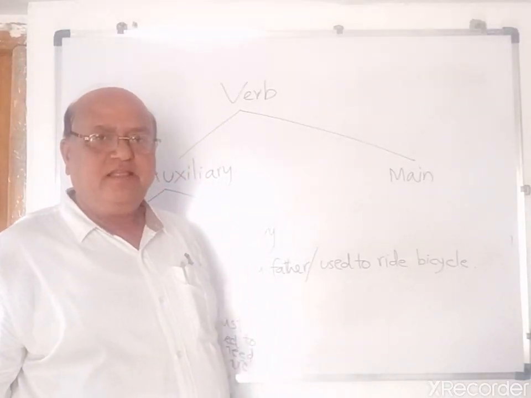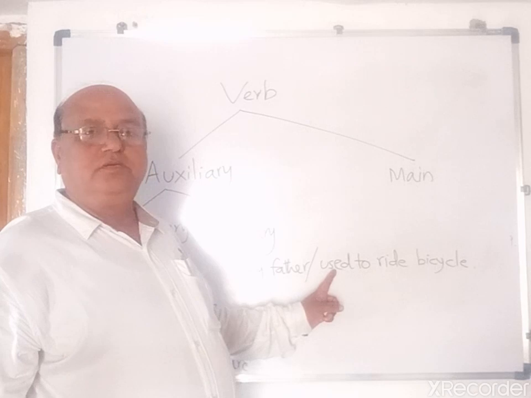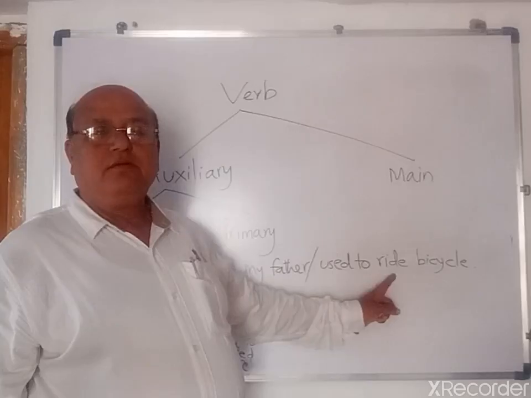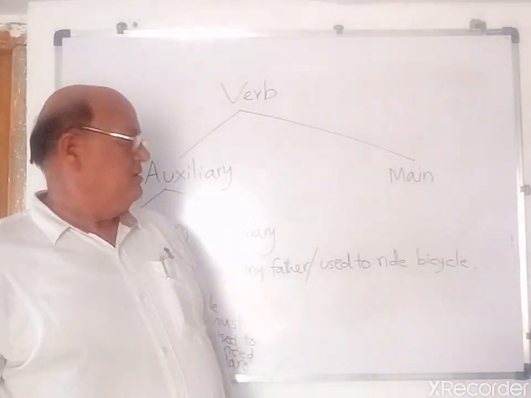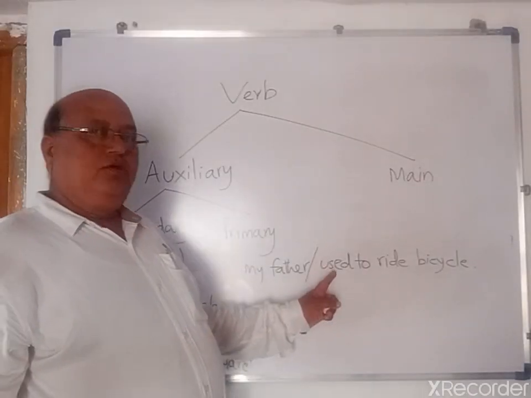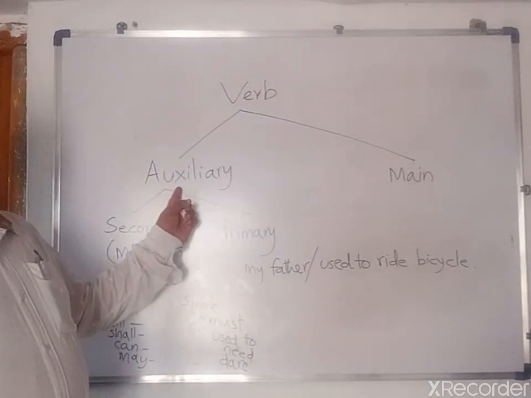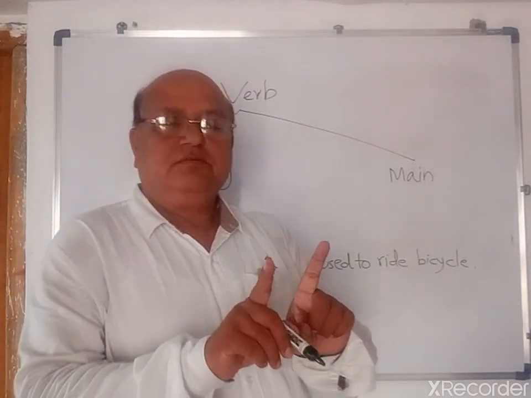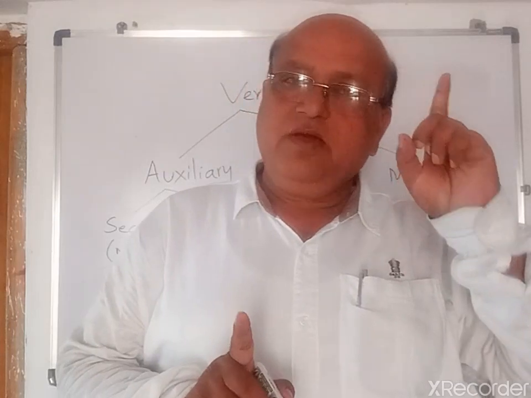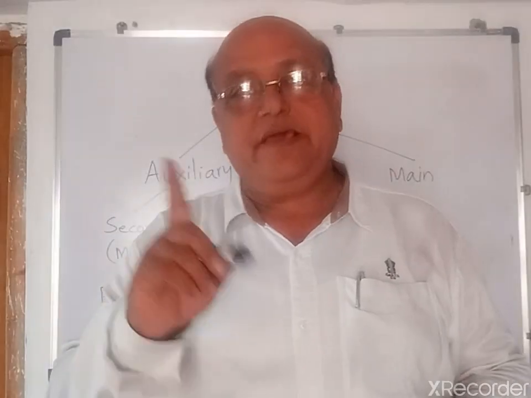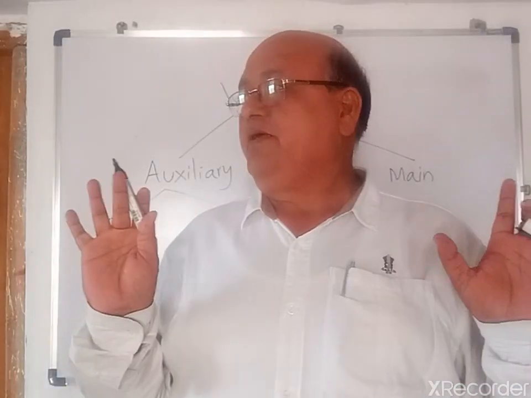How many verbs are there? Can I say used is a verb? To ride is a verb? No. Used to. We saw in auxiliary, there are two words. One has no grammatical meaning, and the next one should have a meaning, the doing word.